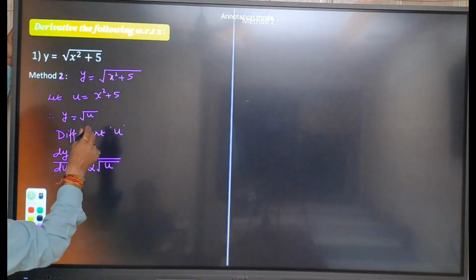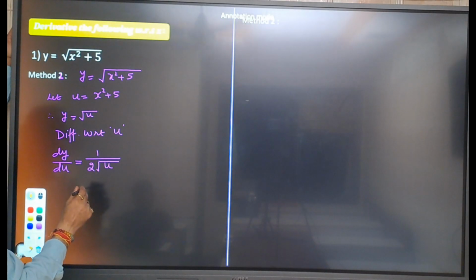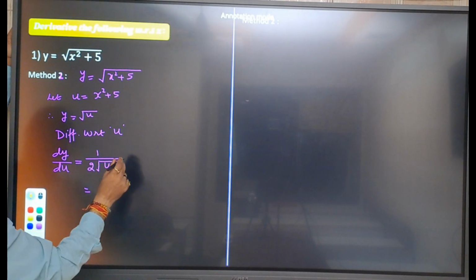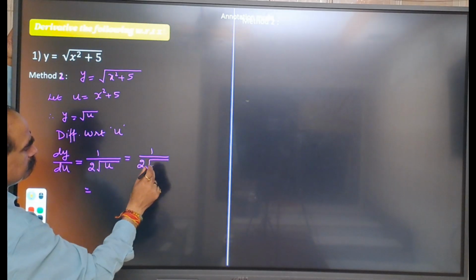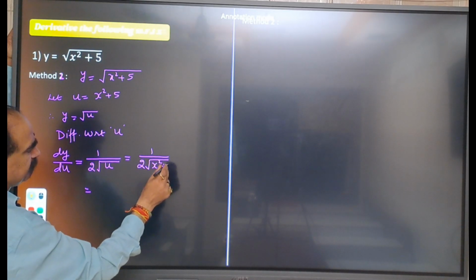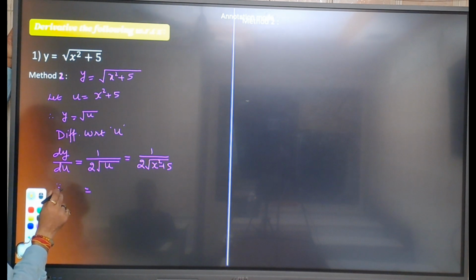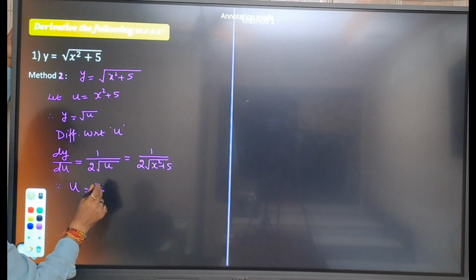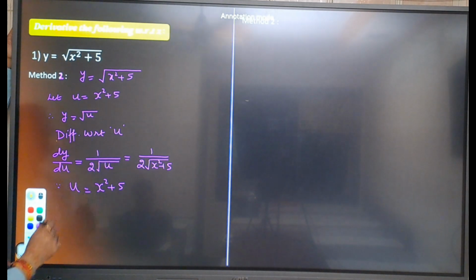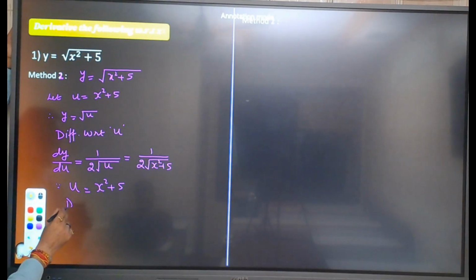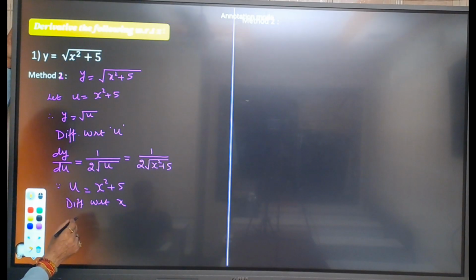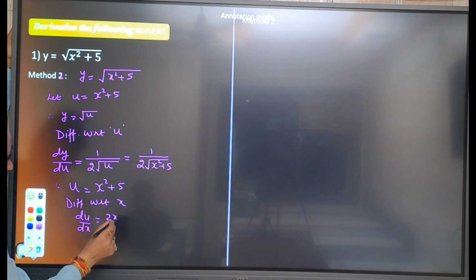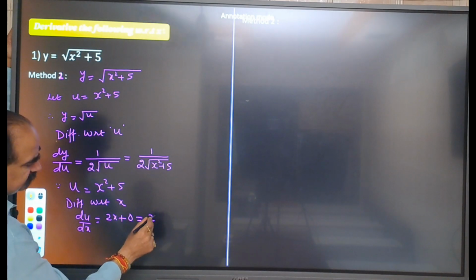Now after taking derivative of y with respect to u, replace the value of u. 1 upon 2 root u is 1 upon 2 root x square plus 5. Since u is a function of x, differentiating with respect to x, du by dx is what? 2x plus 0 is equal to 2x.